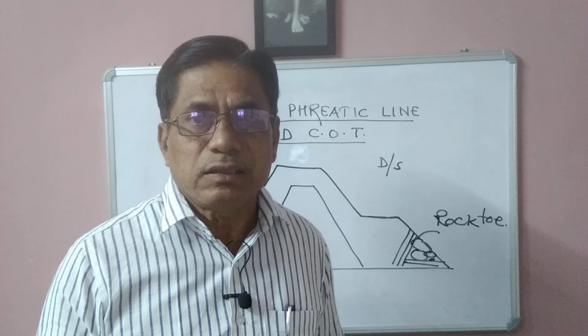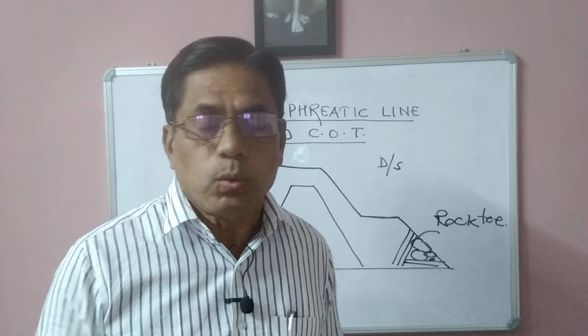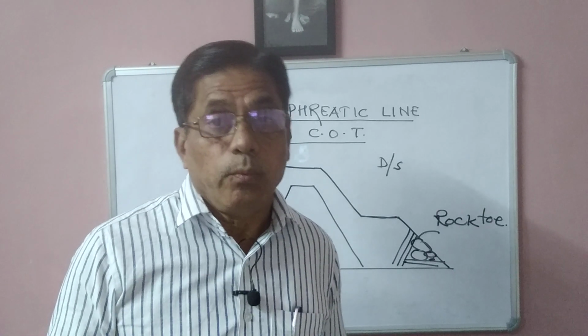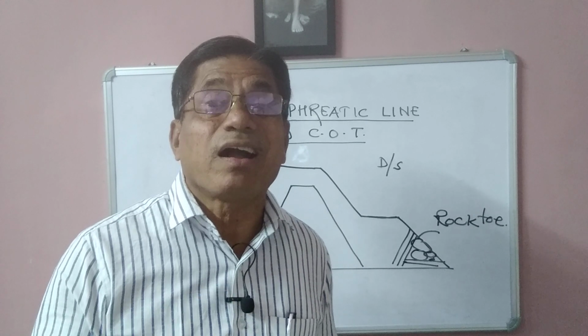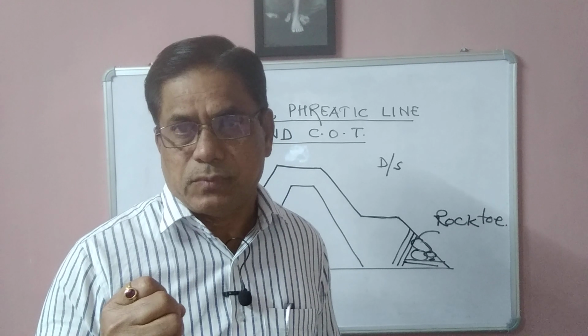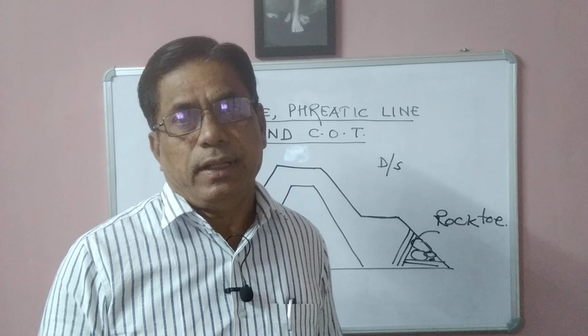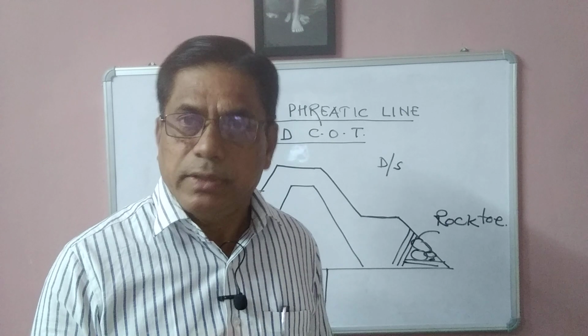We can't prevent the seepage totally, but we can control it. So there must be a controlled seepage, which will not affect the dam, which will not fail the dam, isn't it?